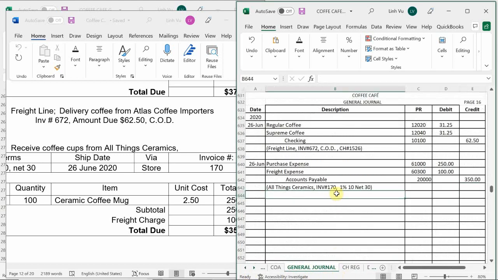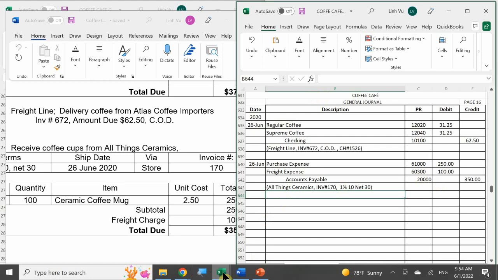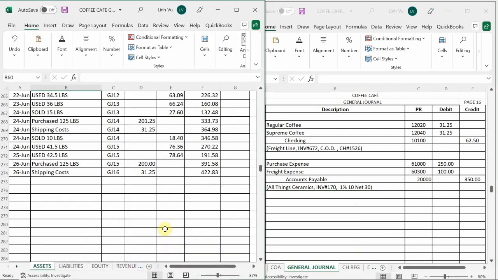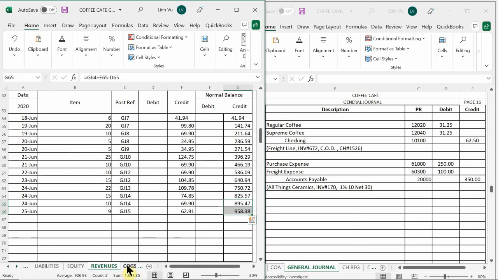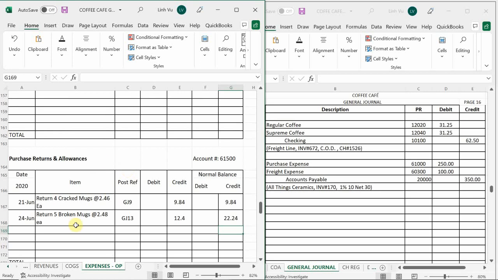And of course, I need to update my ledger, because I finished my journal. So I need to update my ledger because now I increased my accounts payable account as well as increased my expenses.